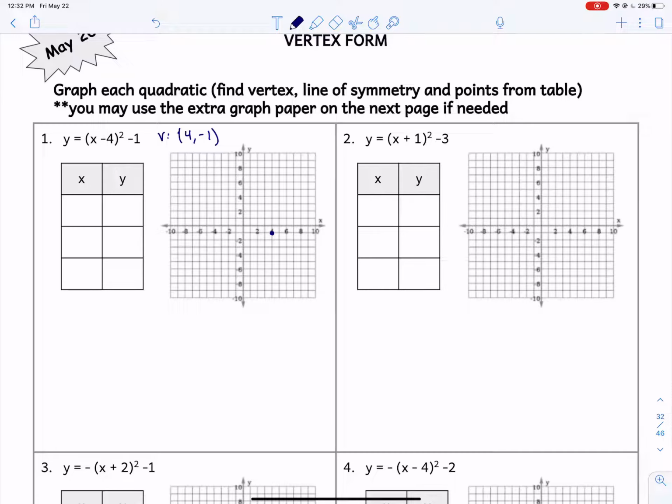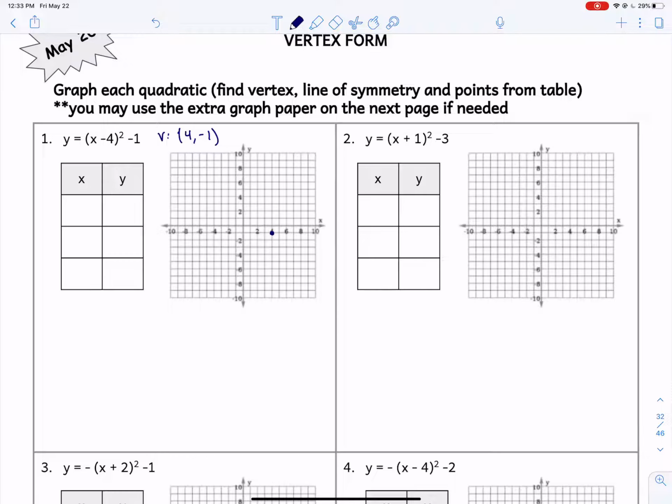Okay, so to factor this, we would have to multiply out this whole equation and then rewrite it as standard form, and then we can factor it. But I don't really want to do all that work if we're just graphing. It doesn't say to find the x-intercepts.